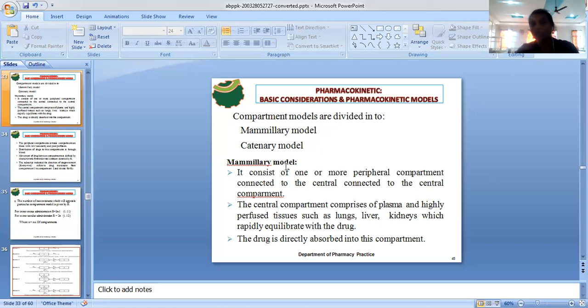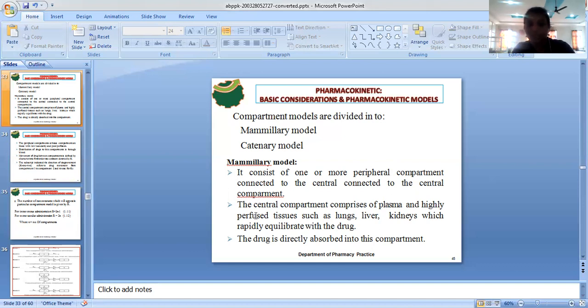Now, what does the mammillary model mean? It consists of one or more peripheral compartments connected in parallel to the central compartment. Here you are using two compartments: one is the central compartment and the second is the peripheral compartment.